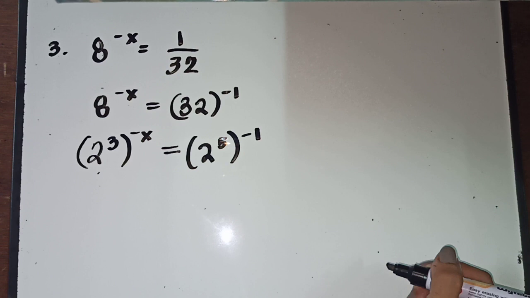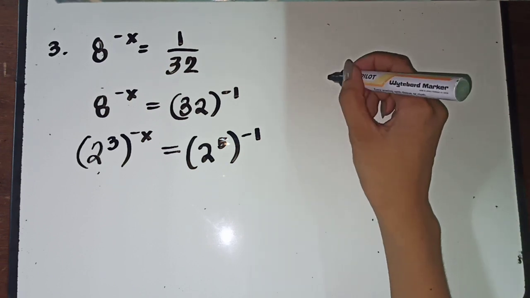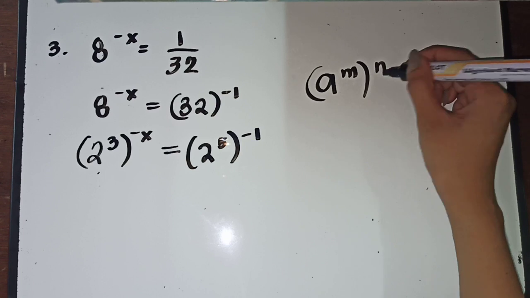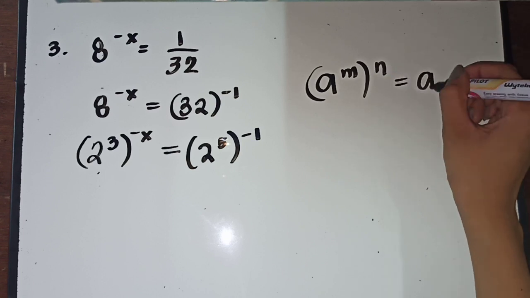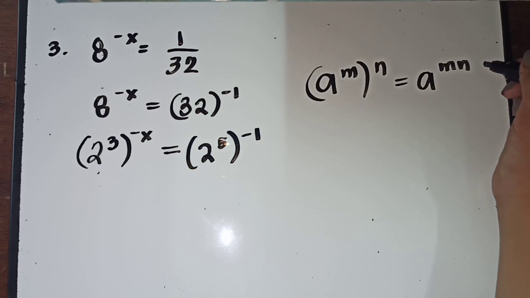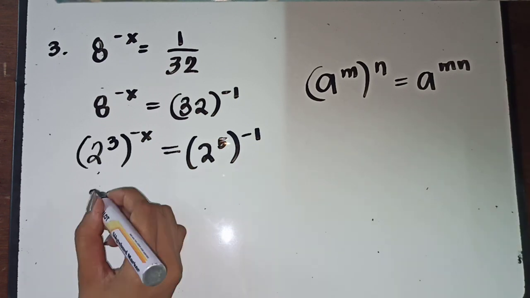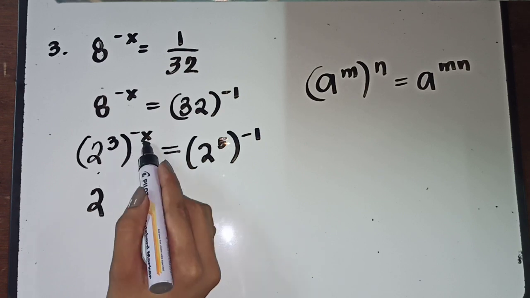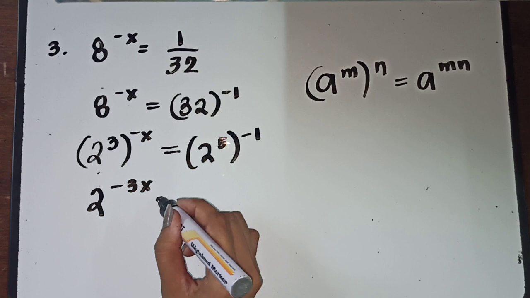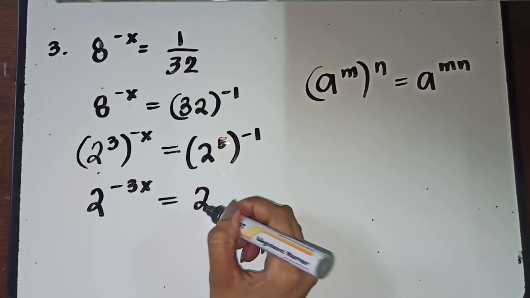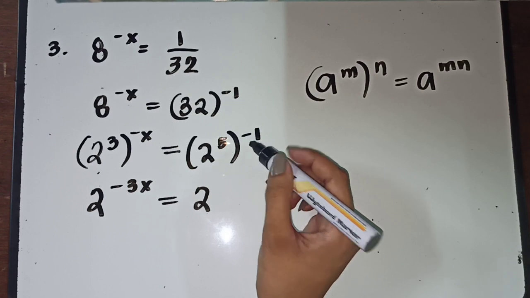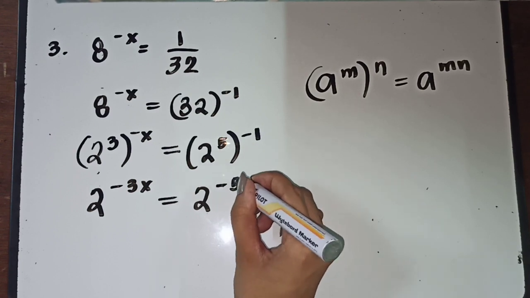So, next, in law of exponent, if we have a raised to m, raised to n, so that is a raised to mn. Okay, so just multiply the exponent. So 3 multiplied by negative x is negative 3x, so is equal to 2, your base. Then 5 multiplied by negative 1 is negative 5.